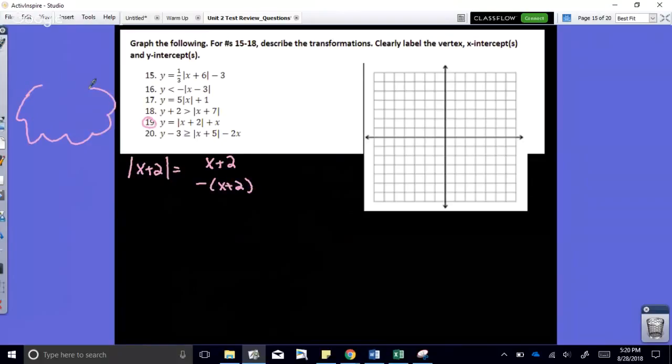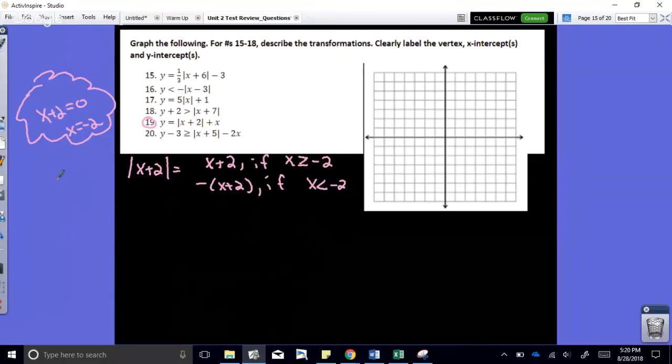And for those of you who still aren't comfortable yet, if we set x plus 2 equal to 0, we get x equals negative 2, which is my split point. So we use positive x plus 2 if x is greater than or equal to negative 2, and we have the opposite of x plus 2 for x less than negative 2.